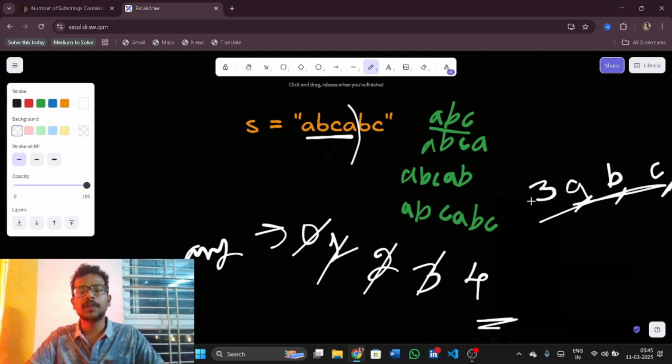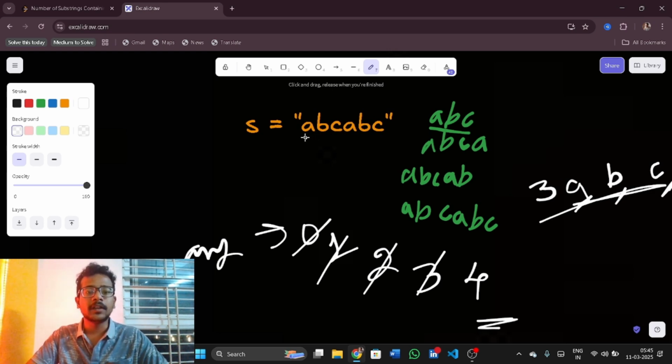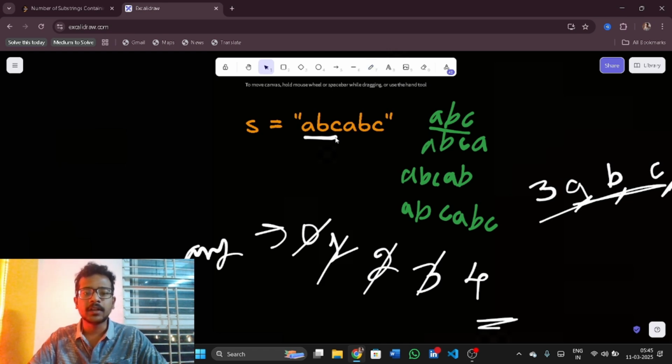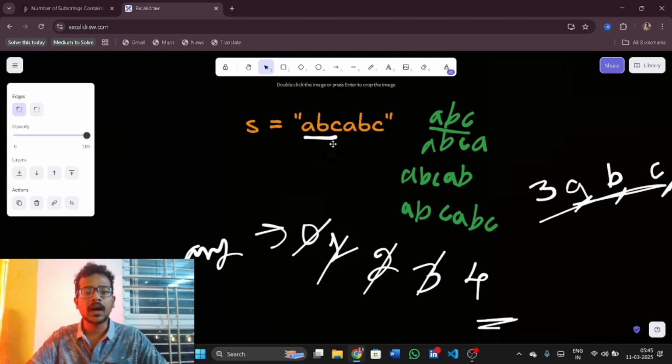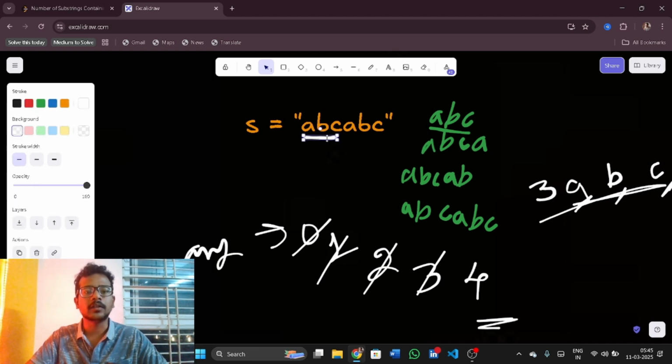Now, whenever I get a substring with exactly these three characters A, B, C, so the frequencies of characters are valid, then I'll increment my left pointer.